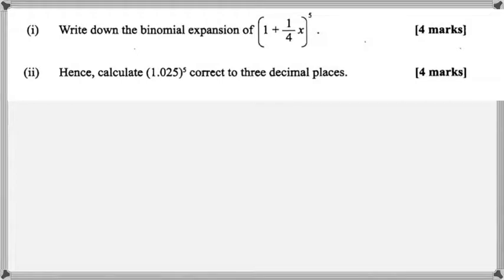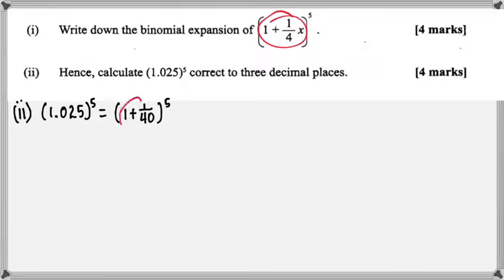So what I would do is, let's put down this 1.025 to the power of 5 and rewrite it a bit. That's the same as 1 plus 1 over 40, to the power of 5. Look back at what was given in the first part, because hence means to use the information from the first part.